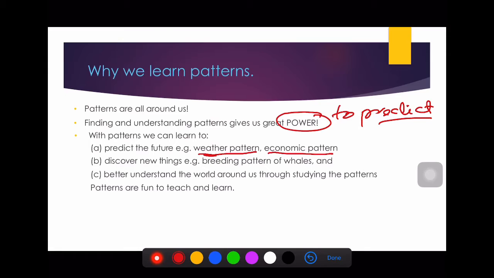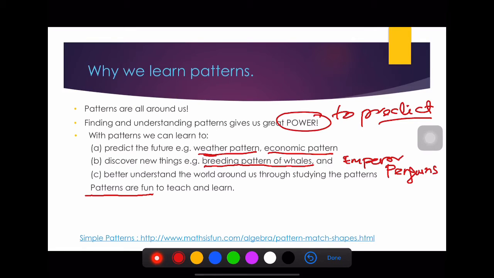And discovering new things like the breeding patterns of whales, the breeding patterns of penguins, for example, the emperor penguins, they can only be found in Antarctica. And to better understand the world around us through studying the pattern. There is always pattern somewhere. You just need to find it.